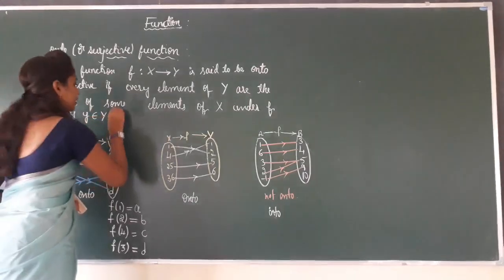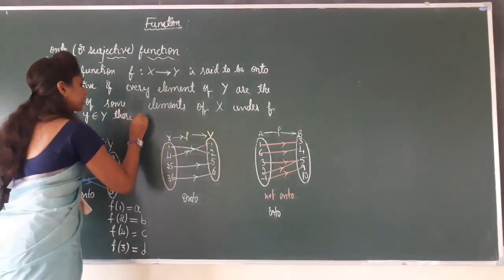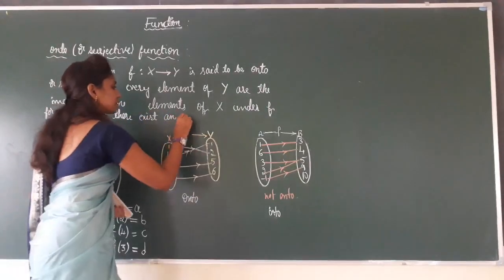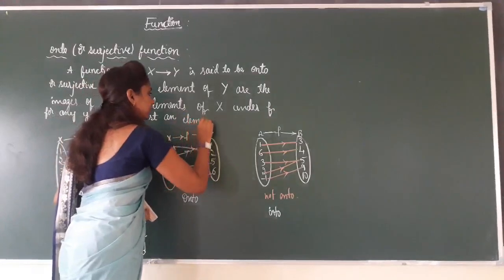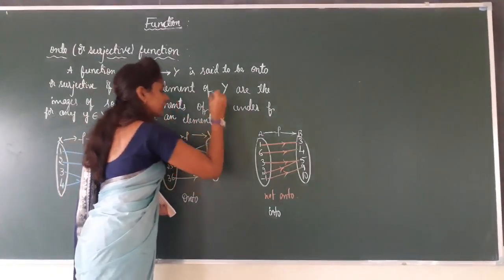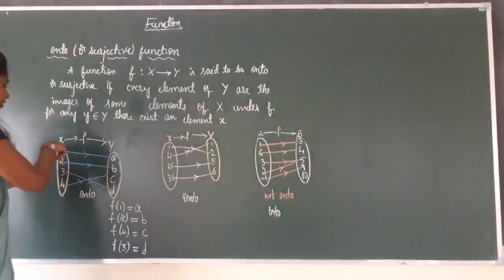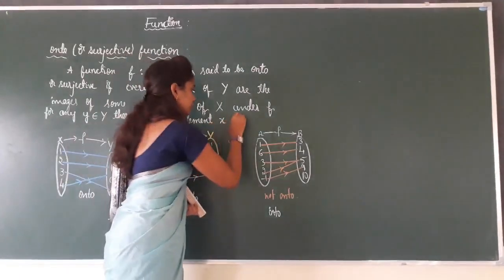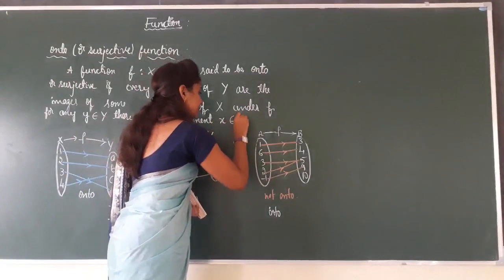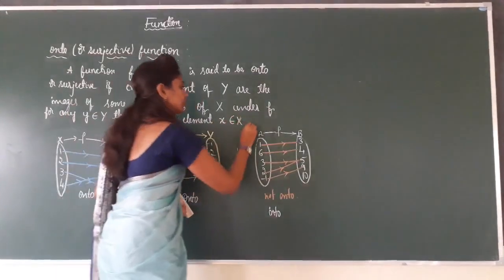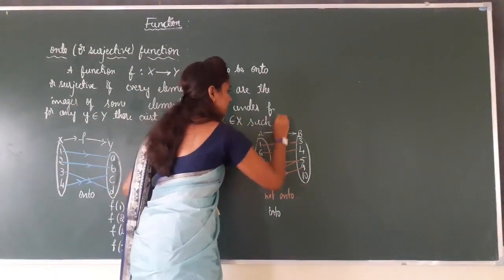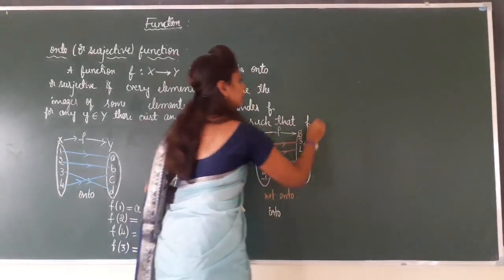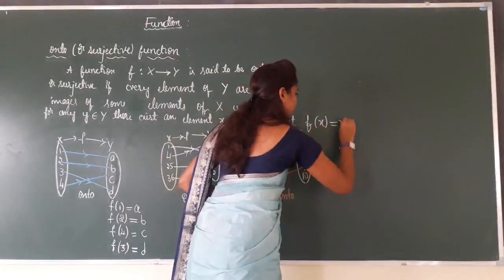There exists an element small letter x belonging to the set X such that f of x is equal to y.